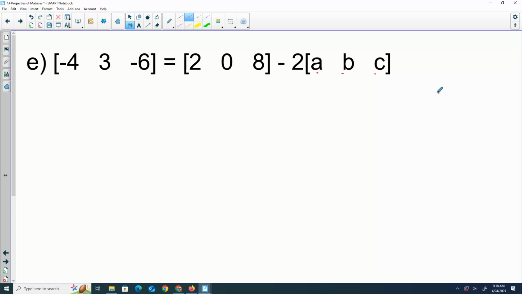Different options that you might do. So you could think of it as solving an equation. So you subtract over this matrix. So -4 minus 2 is -6, 3 minus 0 is 3, -6 minus 8 is -14.